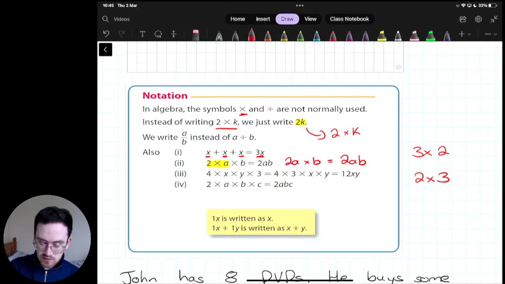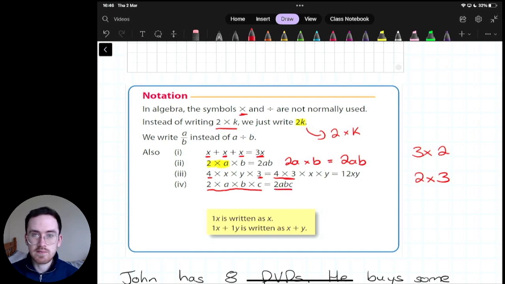So instead of having the 4 here and the 3 at the end, we can move it around and have 4 multiplied by 3 at the start here. And what we get then, 4 multiplied by 3 is 12, and then we get 12xy as our answer, just getting rid of those multiply signs. And we have something similar in the last part. So you can see that instead of writing 2 multiplied by a multiplied by b multiplied by c, it's just a lot cleaner. You just write 2abc.